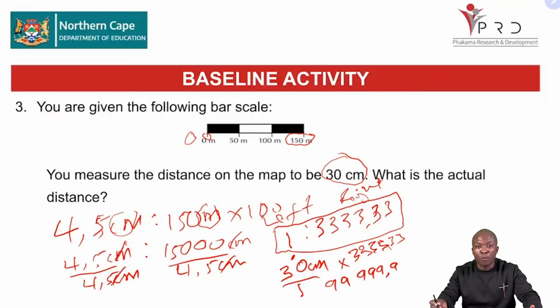If you want to round it to a whole number, then that will be 100,000 centimeters. That is how we expect you to answer such questions in the examination. Let's move on.